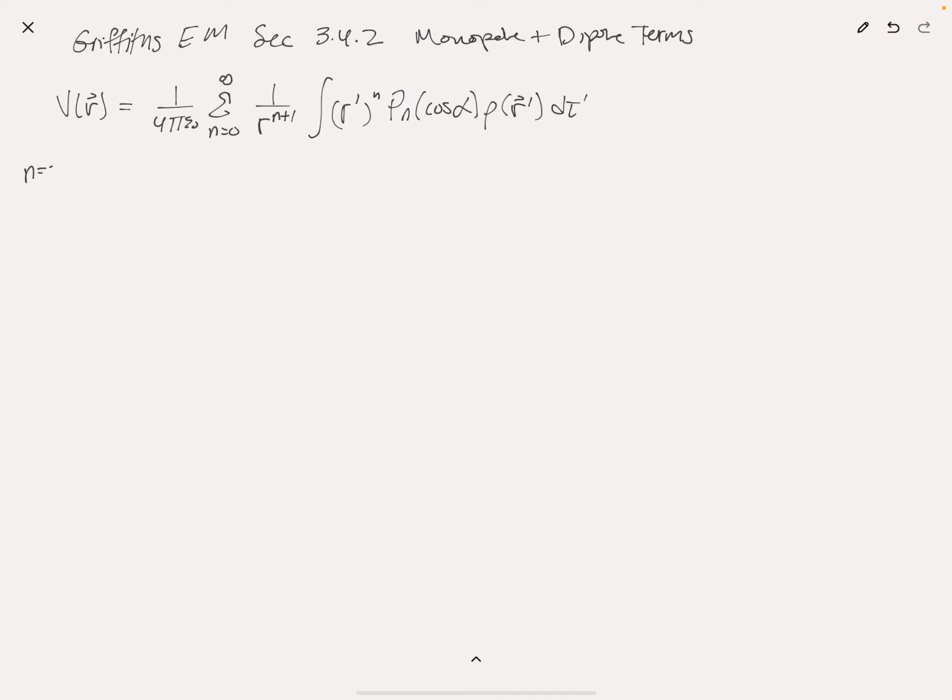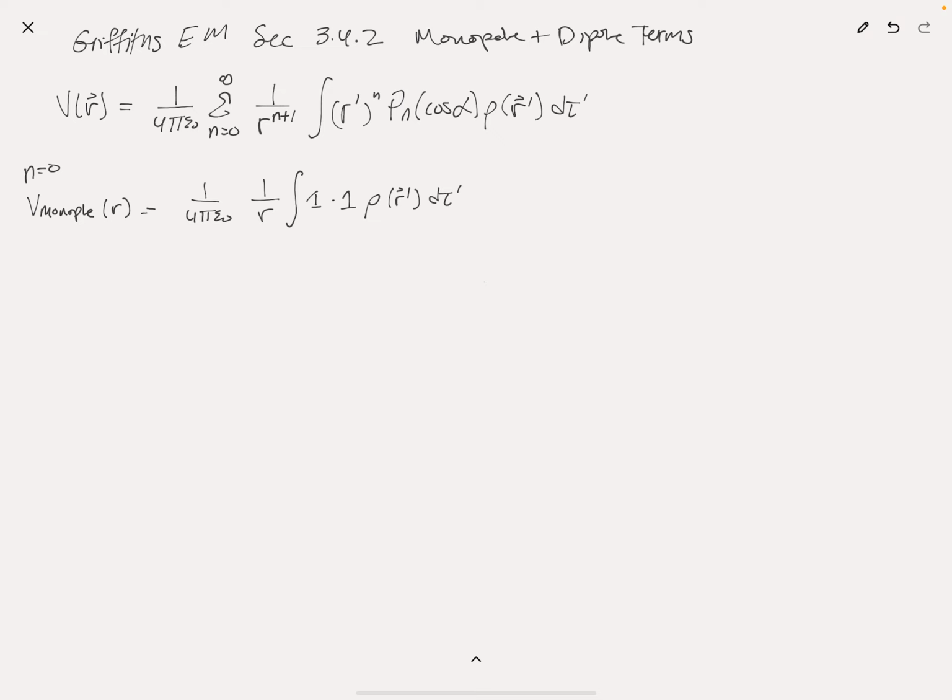So for n equals 0, we have what we call the monopole potential. I'll go ahead and plug in what all those are. So n equals 0 here, that's just 1 over r. I'm taking the integral of r prime to the 0, which is 1. My first Legendre polynomial is just 1 times the charge density integrated over all space.